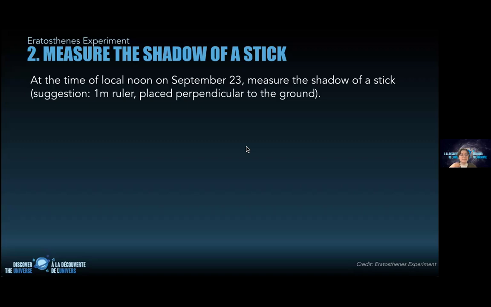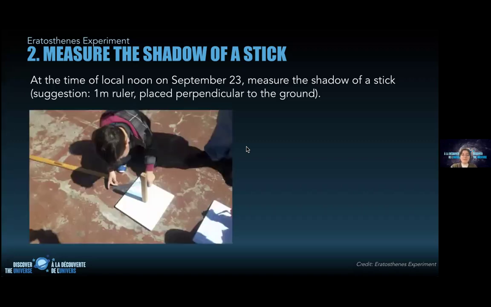A suggestion for you is you can use a meter stick, or a plunger works really well as well. You stand it up on the ground, and then you observe how the shadow of that object is cast onto the ground, and then you measure the length of that shadow.